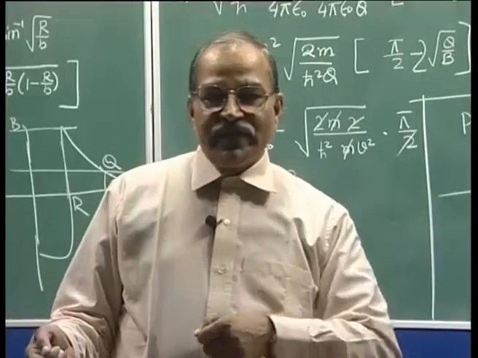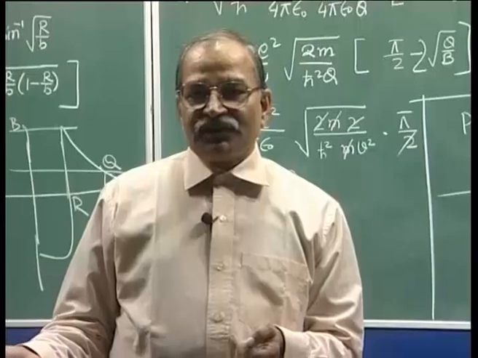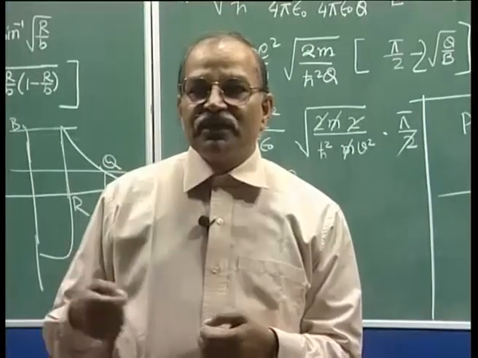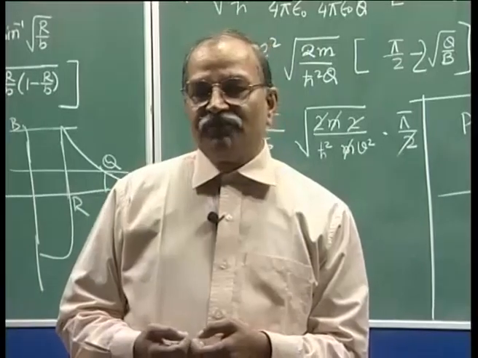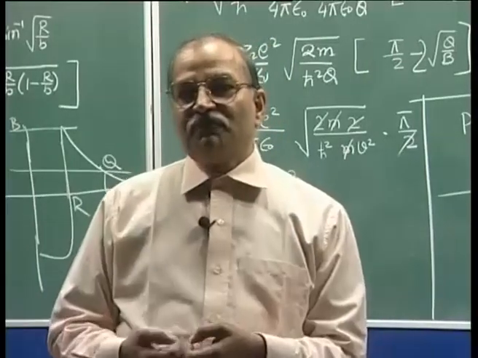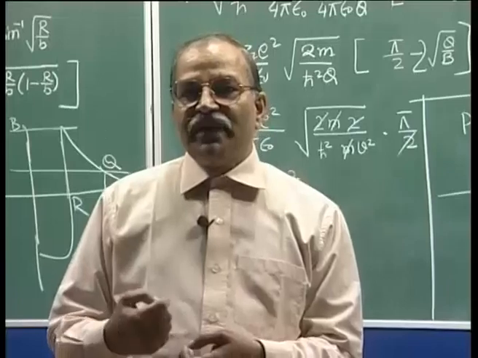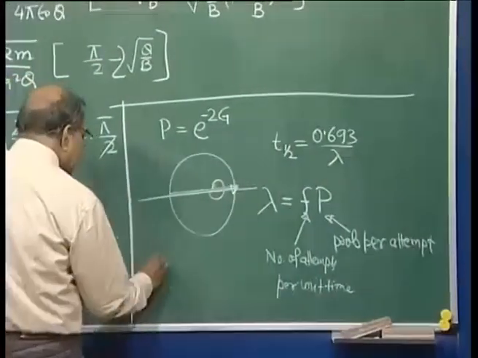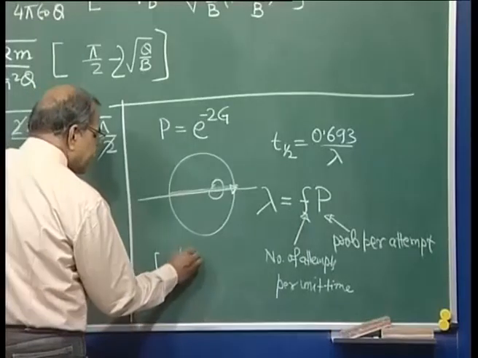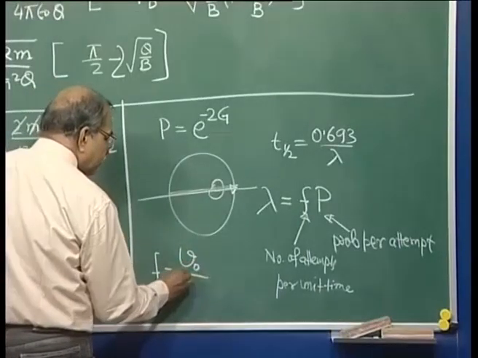And from each end it is making attempts. So, the time between consecutive attempts is 2R by v, and therefore the number of attempts per unit time is v by 2R. So, this f is v naught by 2R. This v is different, remember.